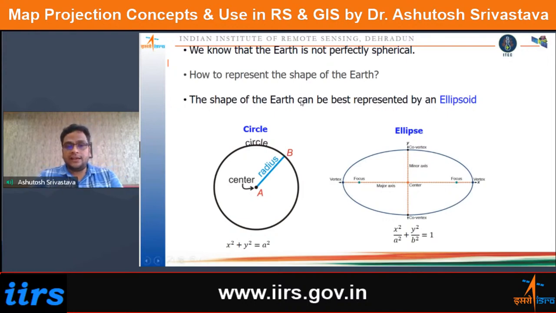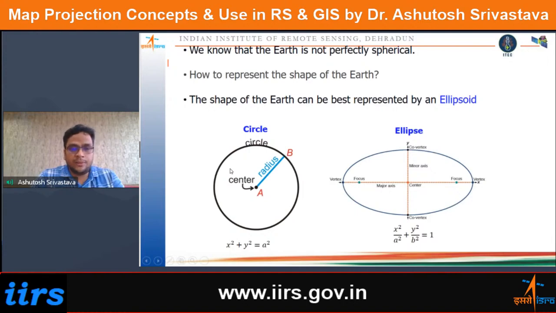If you see the left side figure, I have drawn a circle. In a circle, the distance from the center to the circumference is called the radius. Point A to point B will be a radius, and that radius remains the same throughout the circle.